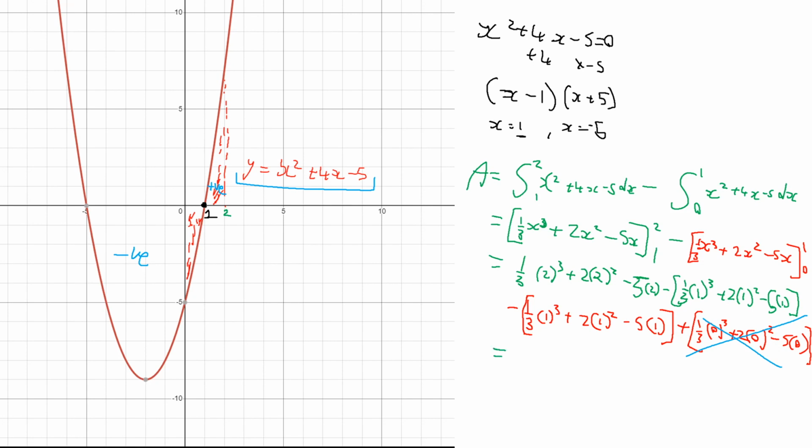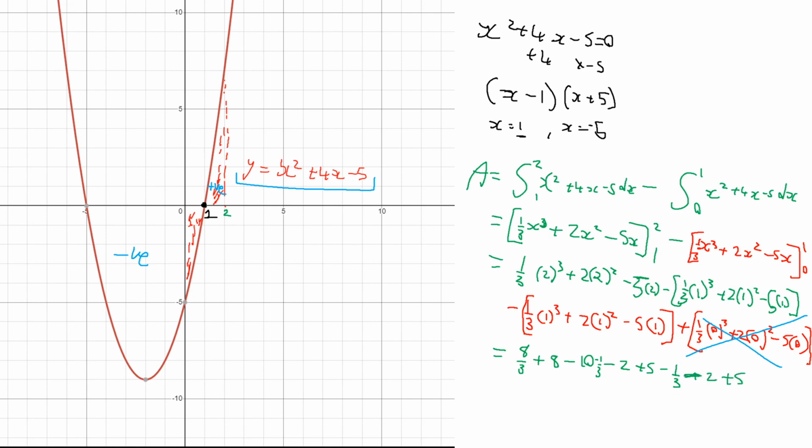Let's carry out the substitution. So we should get 8 over 3 plus 2 times 2 squared is 8 minus 10 minus 1/3 minus another third plus 2 plus 5.